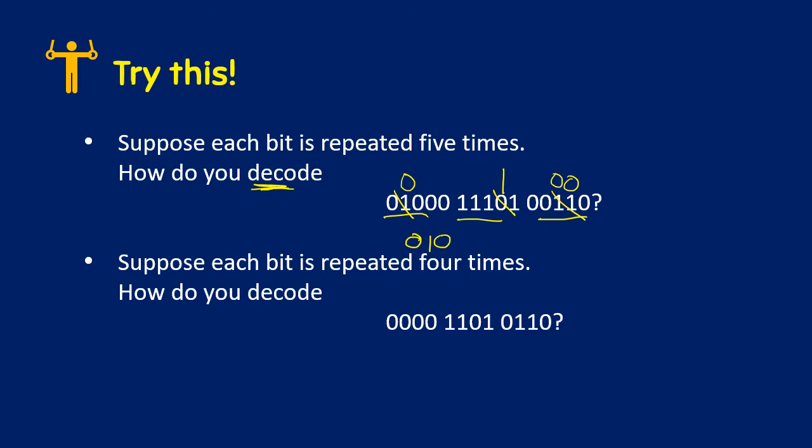Okay. Next, suppose each bit is repeated 4 times. How do you decode this? So this one has no error. This one should be 1. Okay. And now that's the problem here. There's no majority wins here because you have 0 here and 1 here. So that's the problem when you use an even number.